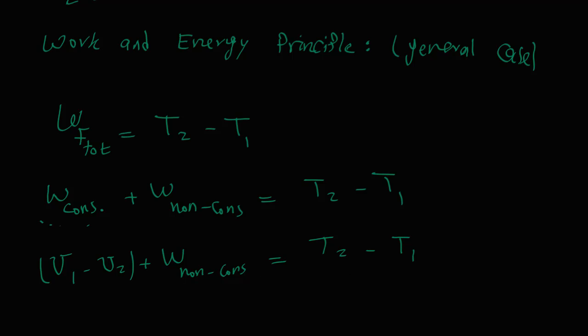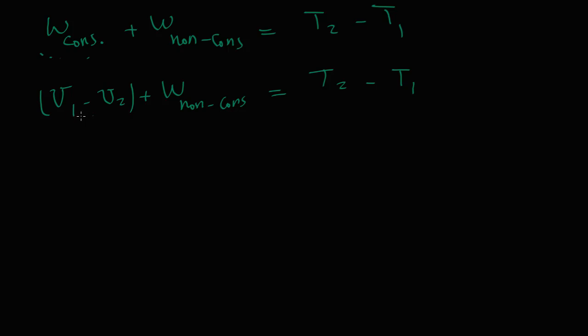Now if I bring these two potential terms to the right hand side, we have W of non-conservative forces is equal to T2 plus U2 minus T1 plus U1.